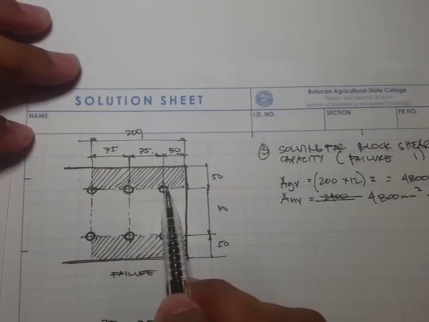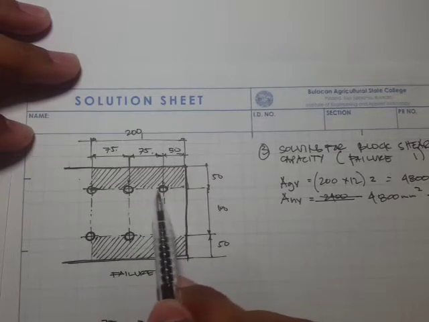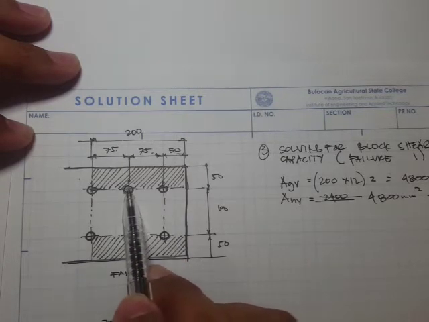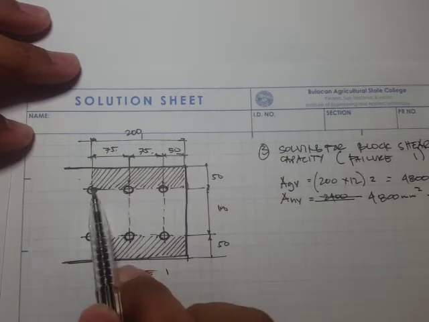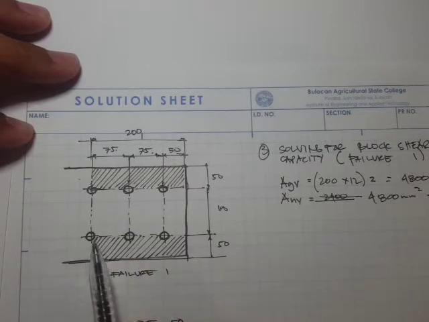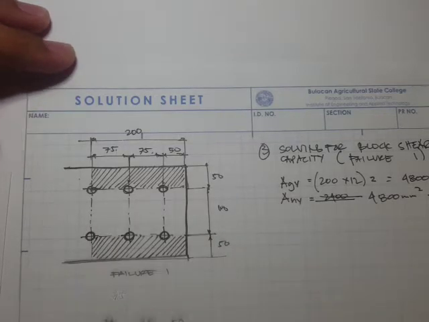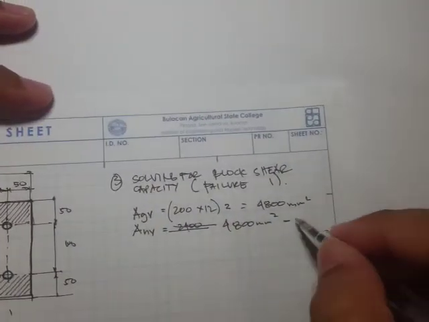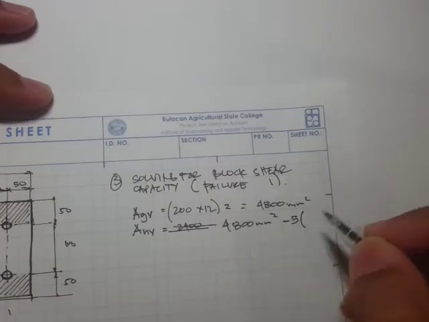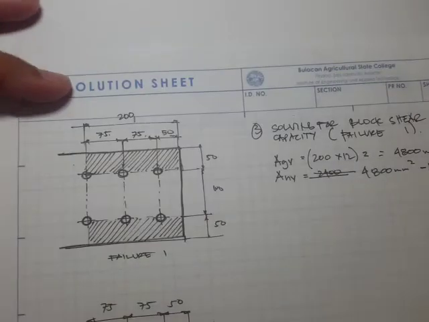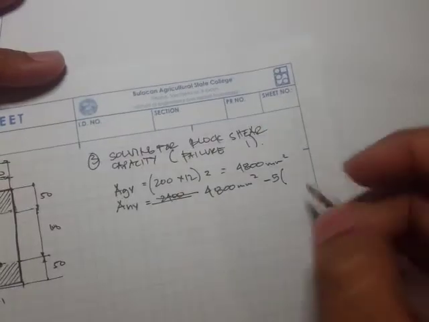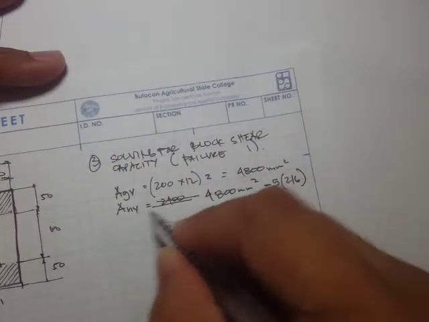You notice here we have one hole, this is one hole also, this is one half, and this would be one half as well. So 1/2 plus 1/2 is 1, so we have 5 times the area of the bolt, which is 216 mm squared.